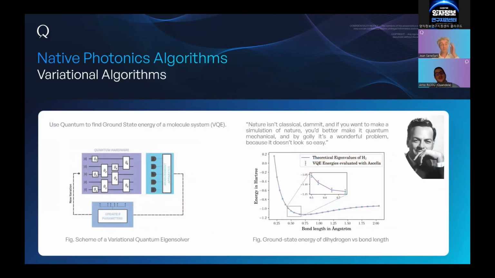Another algorithm we did, a variational quantum algorithm, solved in a similar approach the ground state of a molecule. This is typically the kind of algorithm Richard Feynman had in mind initially when he thought of a quantum computer.